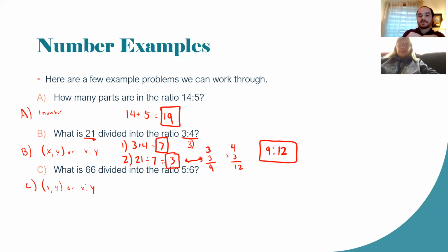So Tristan, follow the steps that you should have written down, or at least taken a picture of. Step 2, divide your initial quantity by the total number of parts. And step 3, multiply that by each side of the ratio.